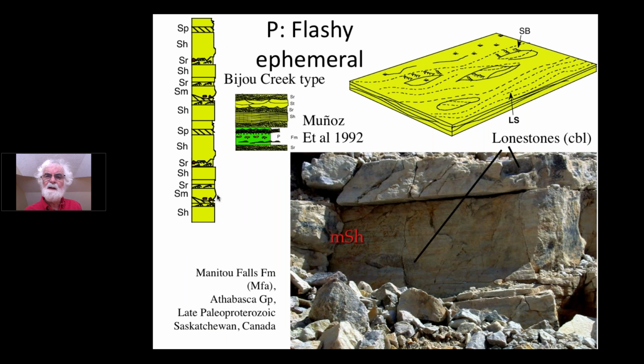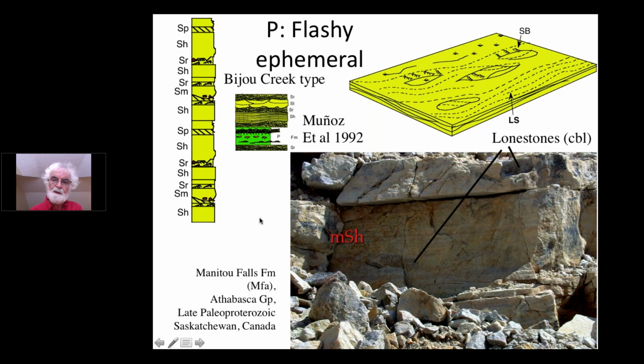Flashy ephemeral, very similar in terms of the style, originally known as a Bijou Creek style, characterized by alternating sand, which can be massive or plane laminated, and very thin mud drapes.